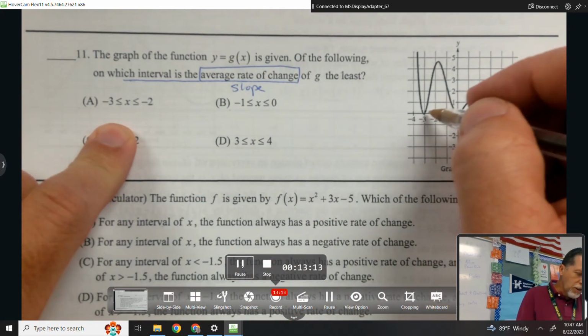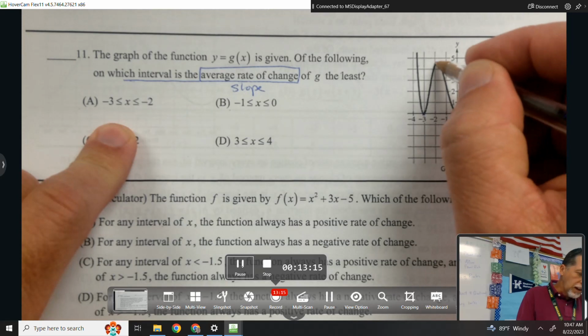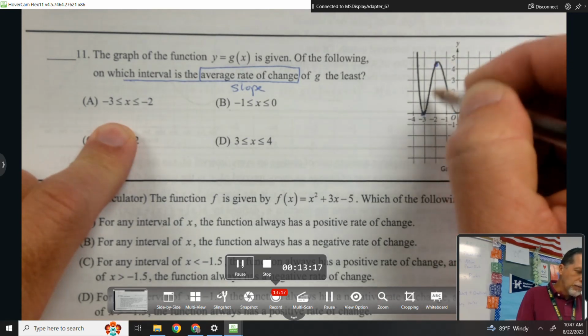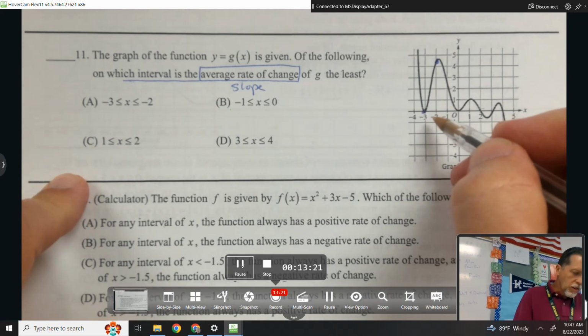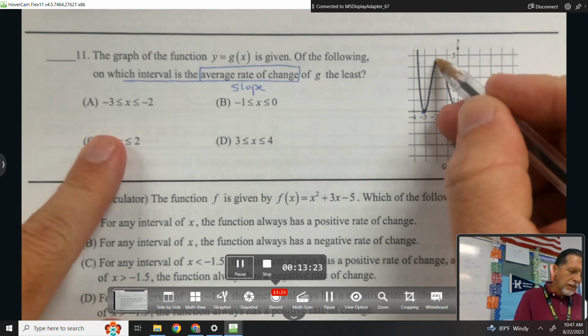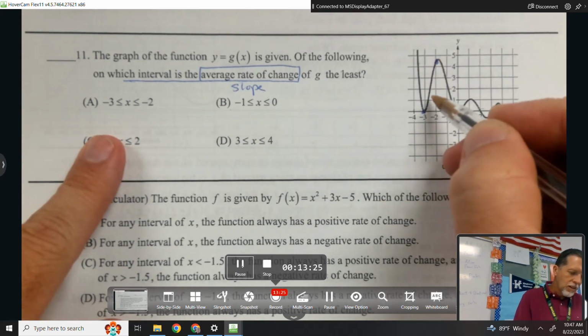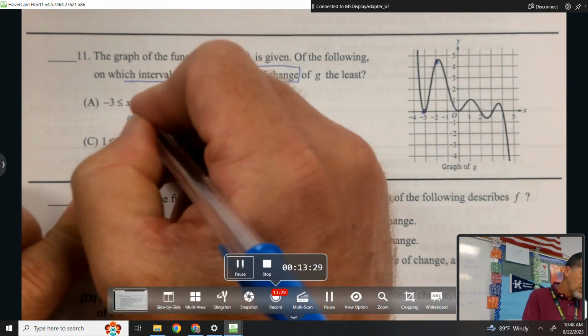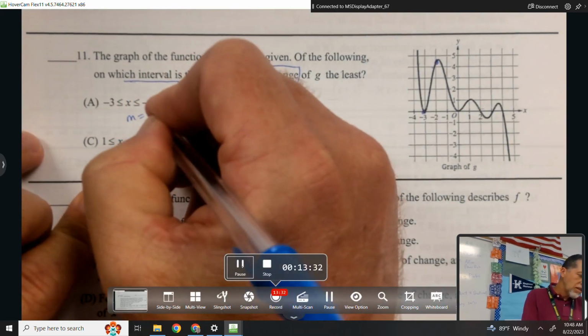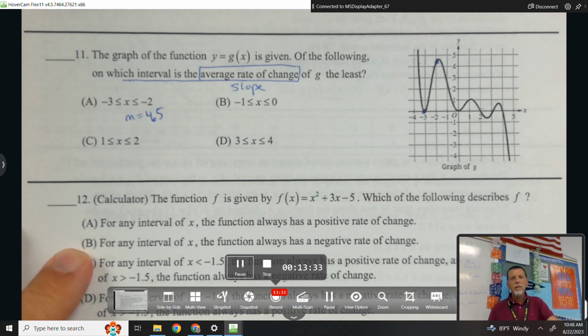What's the slope from -3 to -2? Let's just eyeball them first and see if we get a clear answer here. So the average slope from -3 to -2 is 4.5. Roughly. We'll see if this is good enough, this roughly stuff.